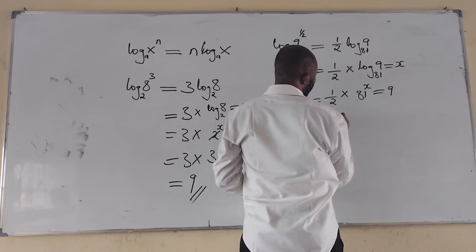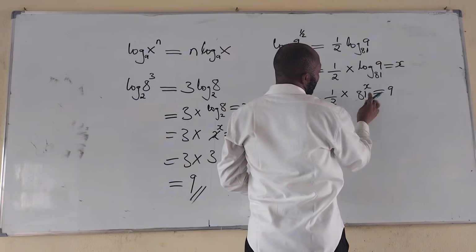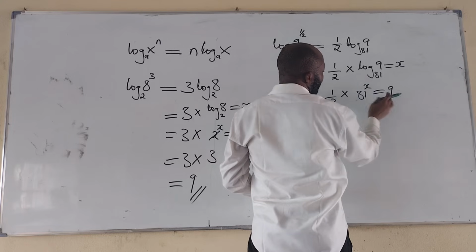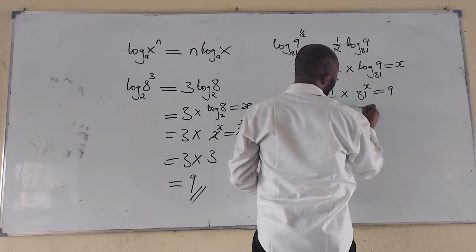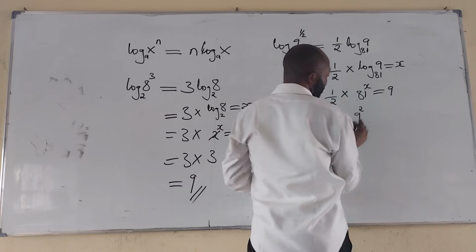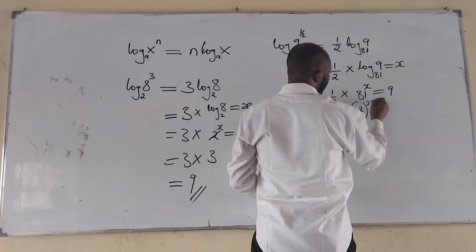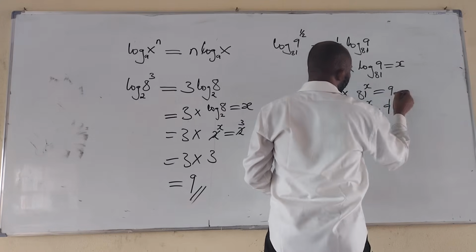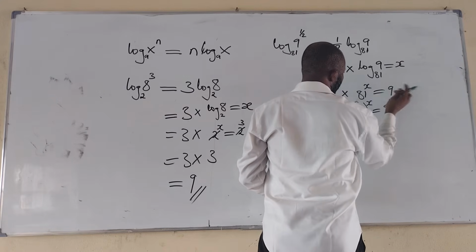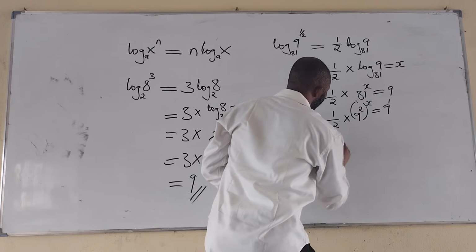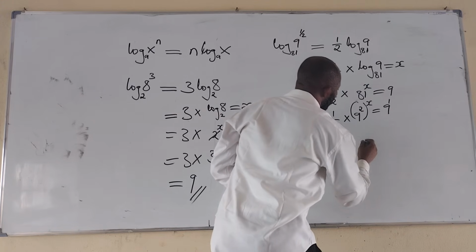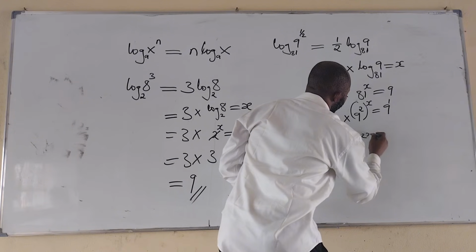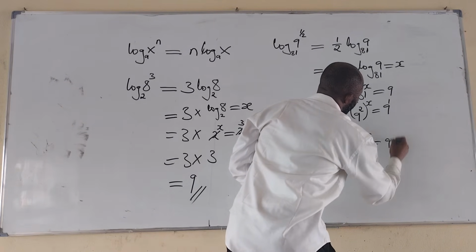I want them to have the same base, so 81 becomes 9 raised to the power 2, raised to the power x is equal to 9 raised to the power 1. So this is equal to 1 over 2 times 9 raised to the power 2x is equal to 9 raised to the power 1.